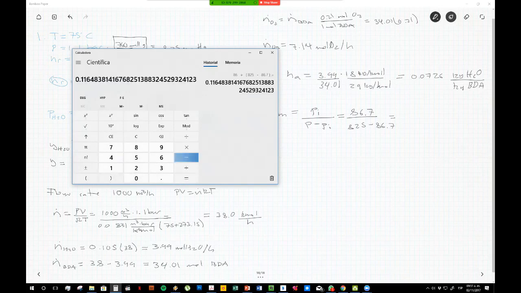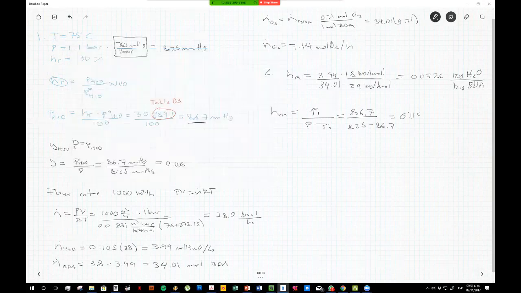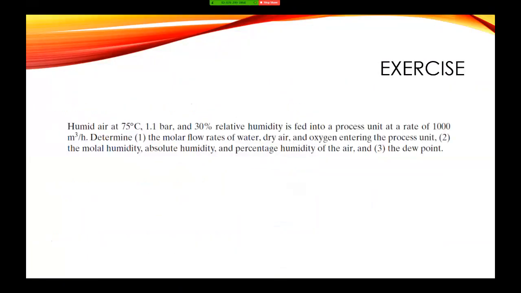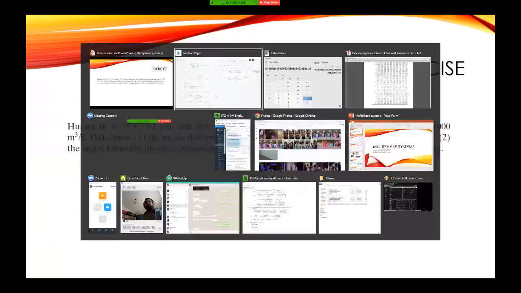So that gives us 0.1165. That's the molar humidity, and we have the absolute humidity, and now the percentage of humidity of the air, right?